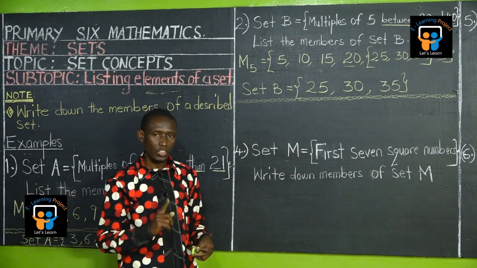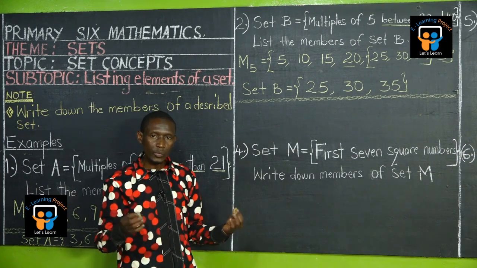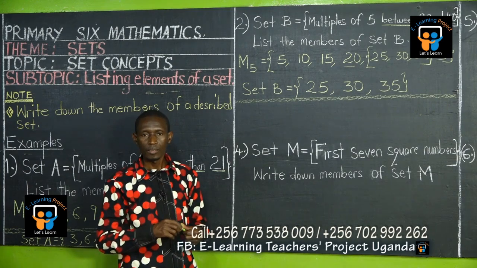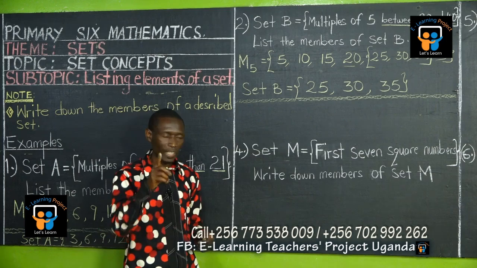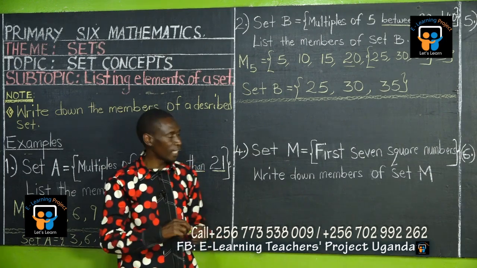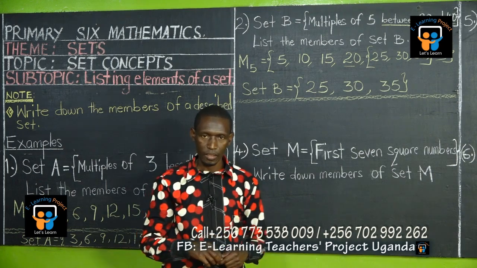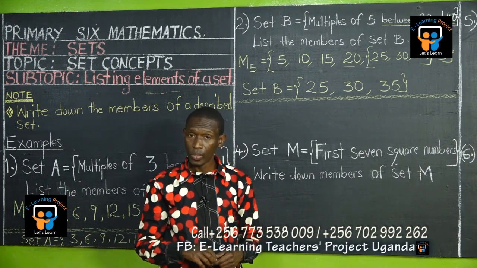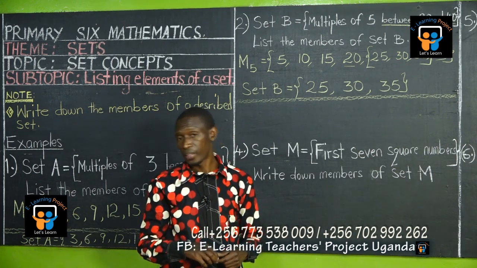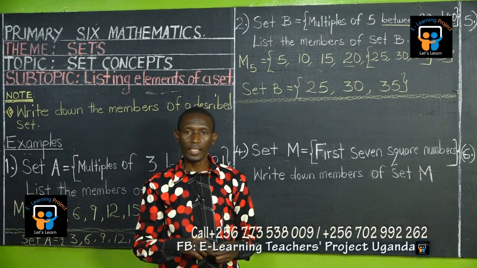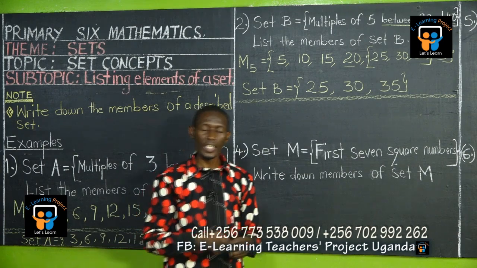How do you get square numbers, by the way? Yes? Okay. With square numbers, we can get whole numbers. Do you know whole numbers? We learned them from primary 4, even primary 3. We have whole numbers and counting numbers.